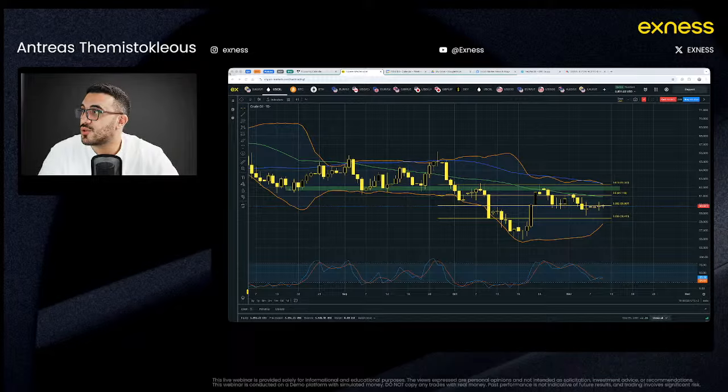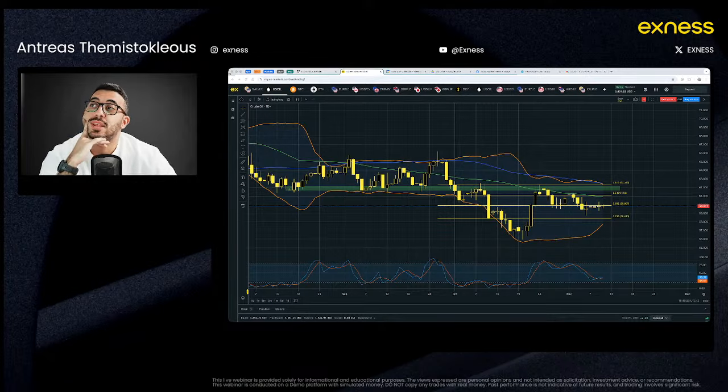And it's also an area on the chart where we had a retest or a price reaction earlier in 2025, right? So again, in the short term, I'm more bearish on Bitcoin.